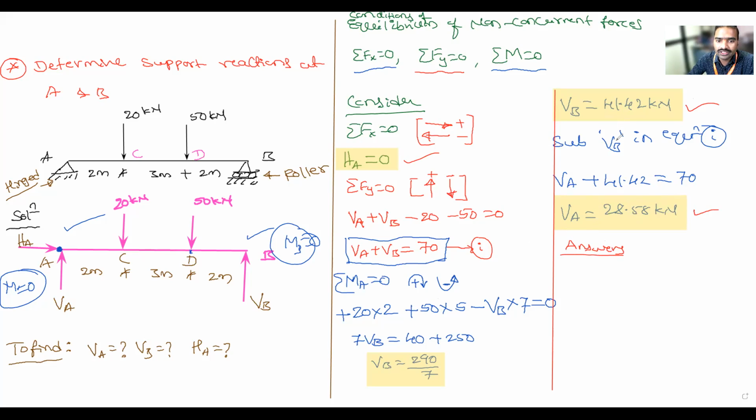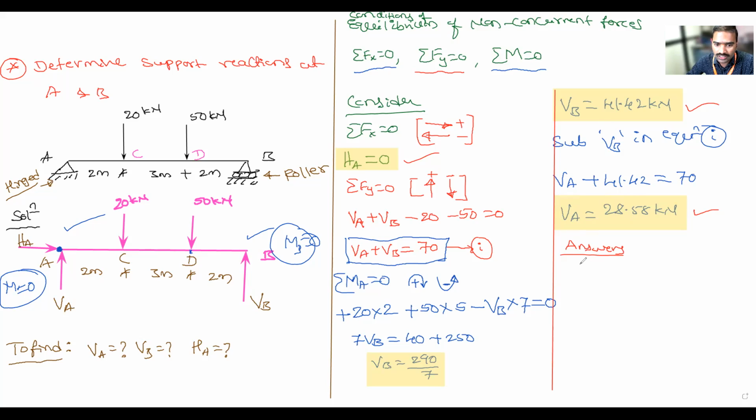See, VA and VB, did you get positive answers or negative answers? Positive. You are getting positive, which means the direction you assumed is correct. How did you assume? VA and VB are upward. You assumed that, so you have got the correct answer.